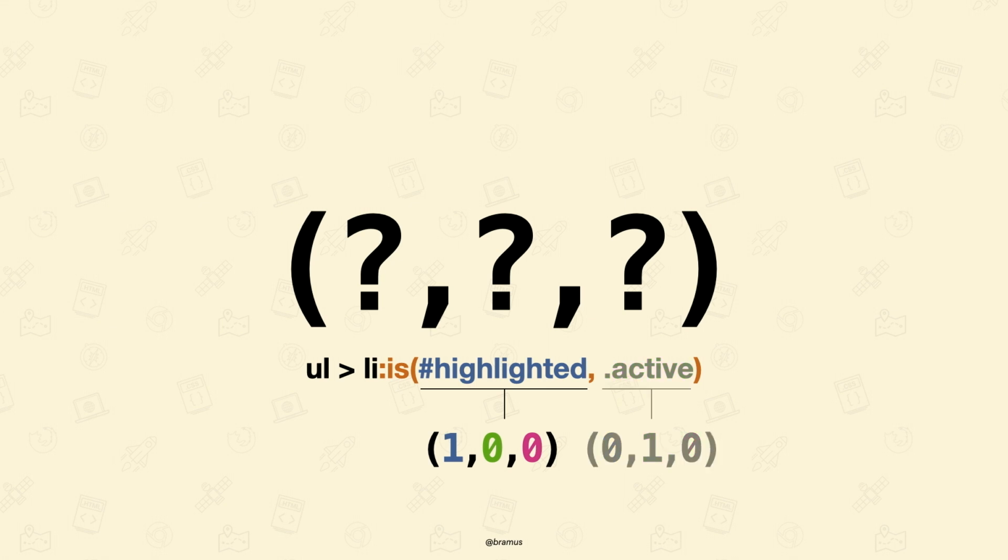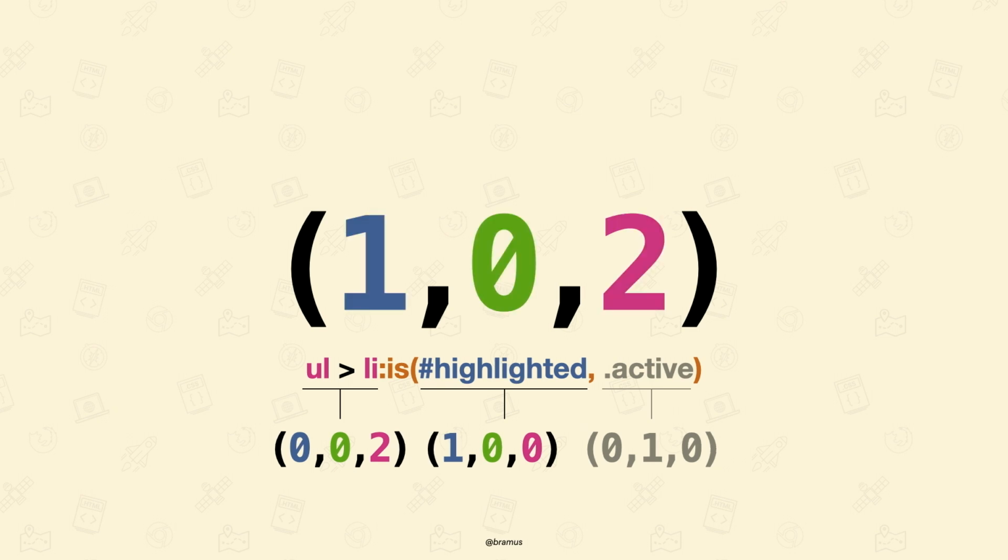So our ID highlighted has a higher specificity than our .active class. So that's the one that counts. And the specificity of the whole is part will be replaced by its most specific argument. We also have those two over there, UL and the LI. We add them up, so the specificity of this selector right here is 102.